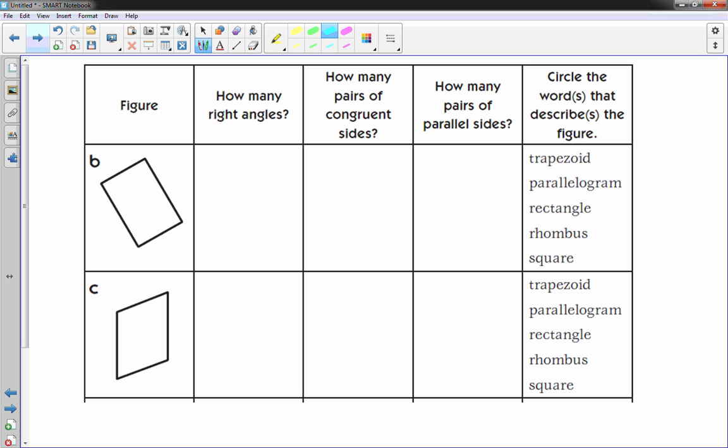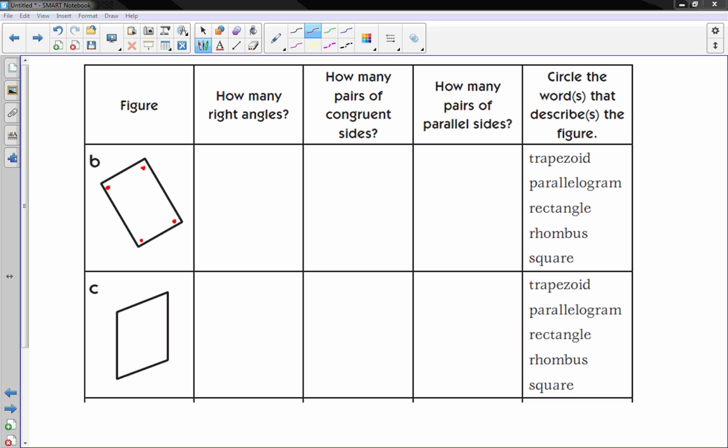See if I have time for a couple more here. Try to keep my mini lessons less than 10 minutes. All right, let's look at this thing, letter B. How many right angles? Well, it looks like it has 4. It looks like all the corners are right angles to me. So I'm going to say that it has 4.